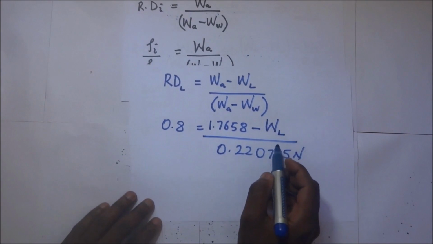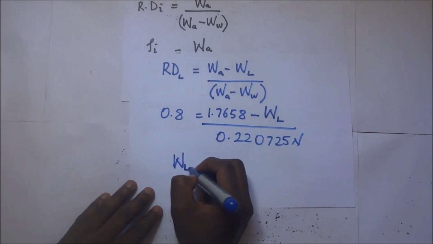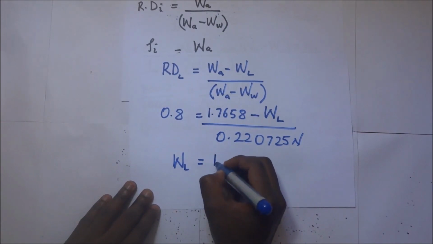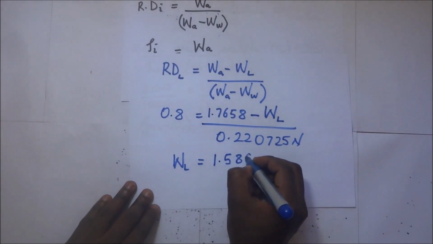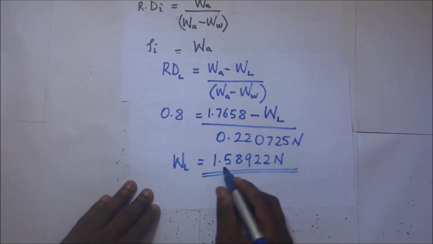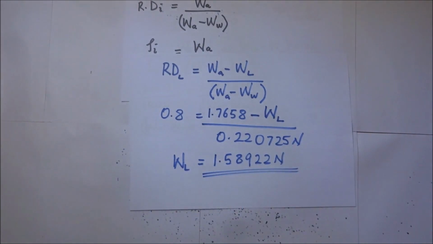So when we make WL the subject of the formula, we shall end up with 1.58922 newtons. And so this happens to be the tension that is being experienced by that spring.